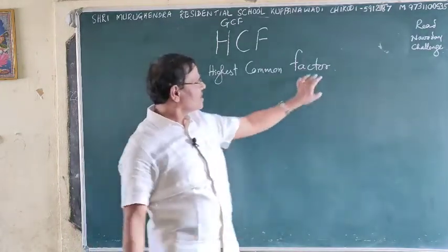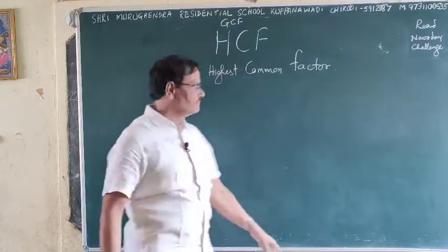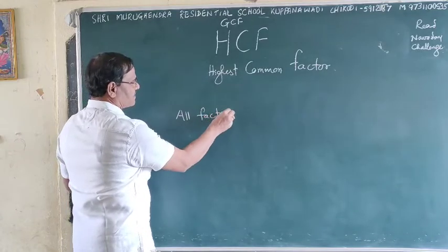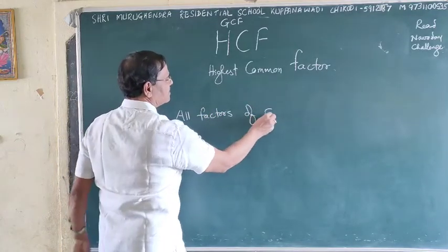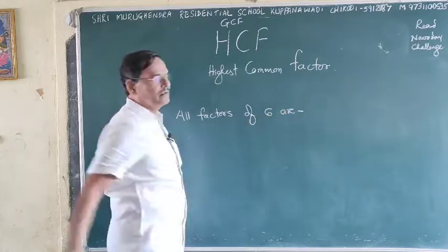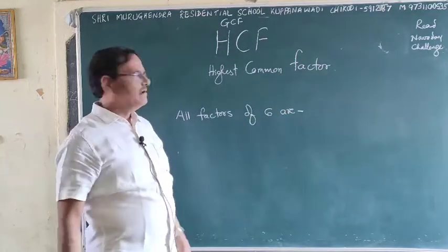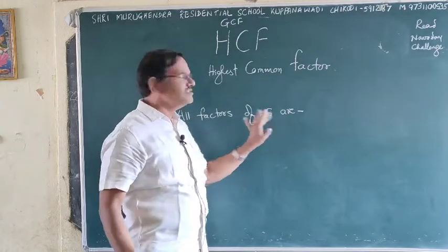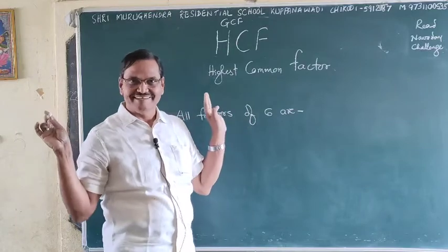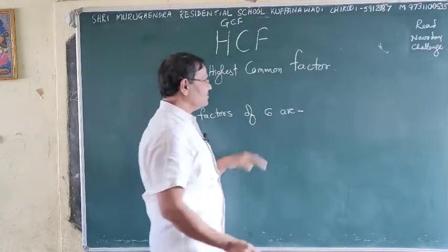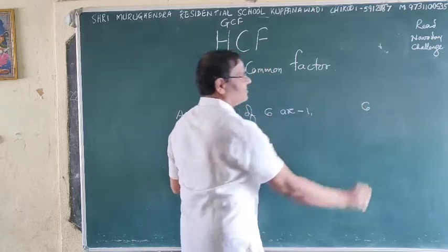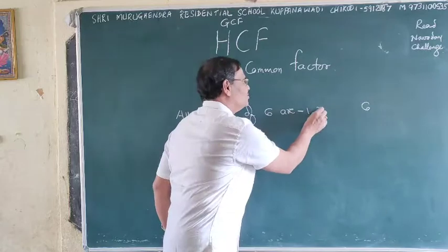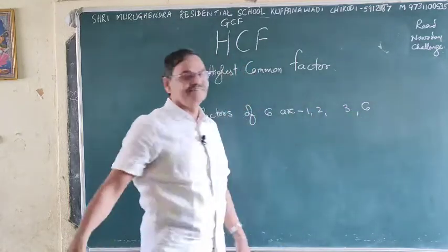What is that highest common factor? First, we have to understand what a factor is. See, all factors of 6 means the numbers by which 6 is divisible. 6 can be divided by 1 and itself. 1 times 6 is 6 and 2 times 3 is 6.